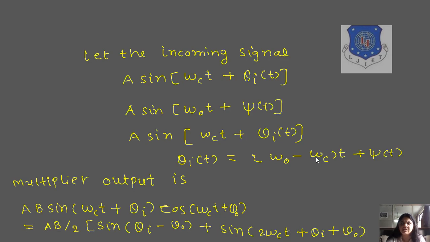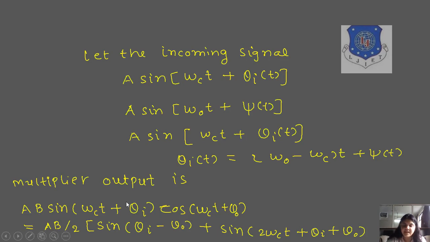This input signal is applied to the multiplier, which has two inputs: one from the input signal and another from the VCO. So the multiplier output is AB sin(omega c t plus theta i) cos(omega c t plus theta 0).